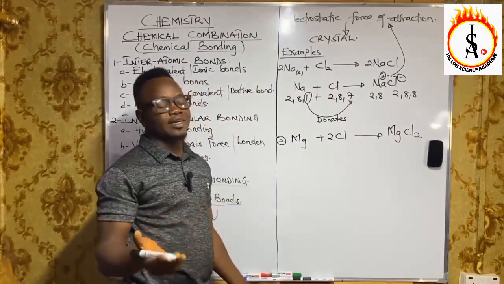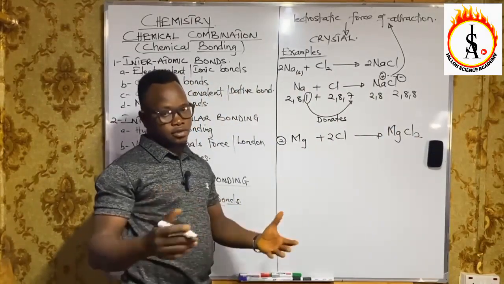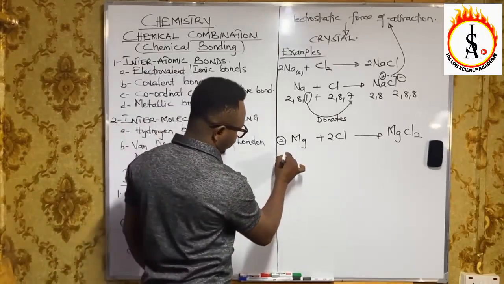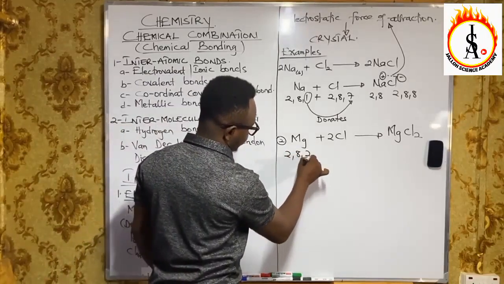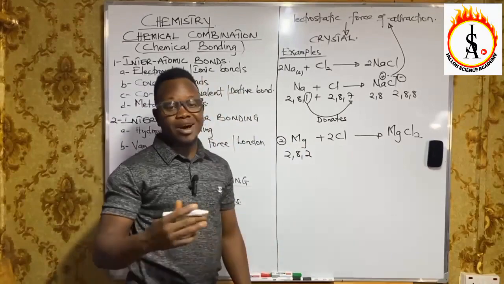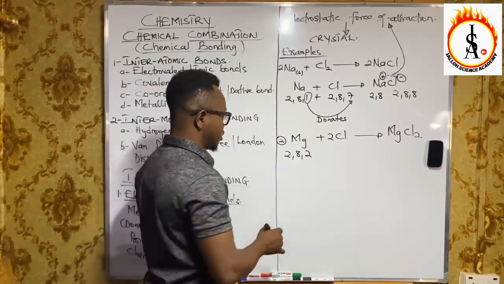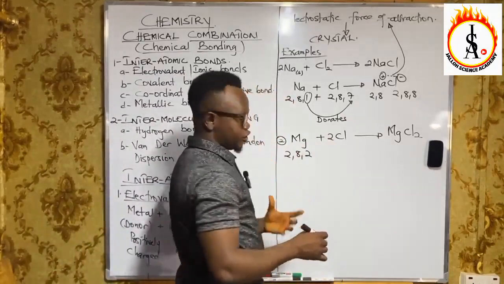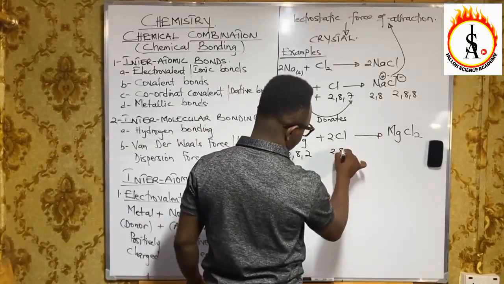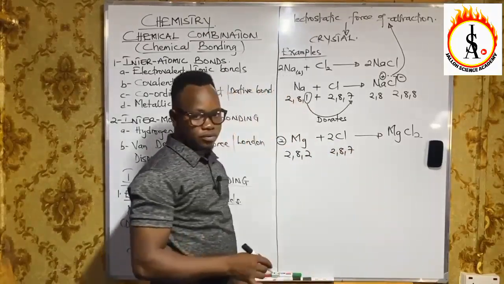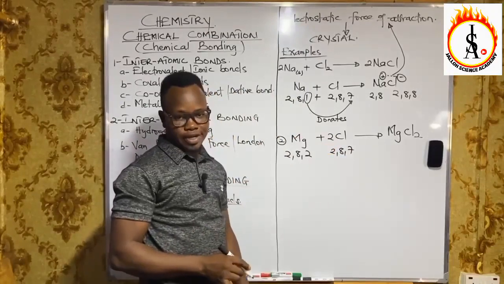Magnesium is one of the alkaline earth metals in group 2 with configuration 2, 8, 2, having 12 electrons, and chlorine is a halogen in group 7 with configuration 2, 8, 7. So there are 2 atoms of chlorine here.